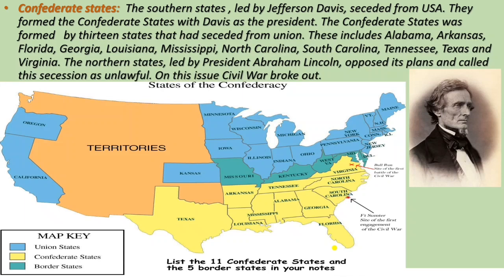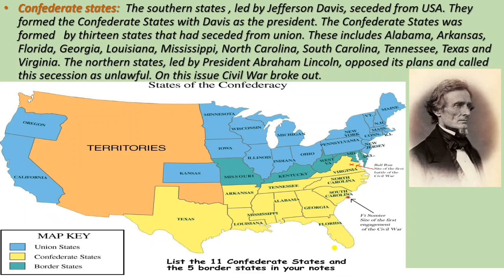One minute, student. In the book it is written that there are 13 states, but the list gives only 11 states. But I will tell you about this. The 11 states comprise Alabama, Florida, Georgia, Louisiana, Mississippi, North Carolina, South Carolina, Texas, Virginia, Tennessee and Arkansas.